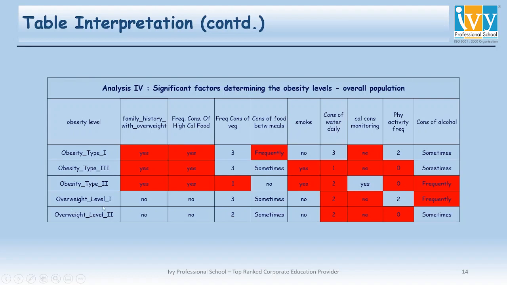The factors influencing those belonging to the overweight level 1 are mainly low daily water intake, no calorie consumption monitoring, and frequent consumption of alcohol. And the factors influencing those falling in the overweight level 2 category are low daily water intake, no calorie consumption monitoring, and no physical activity frequency at all.